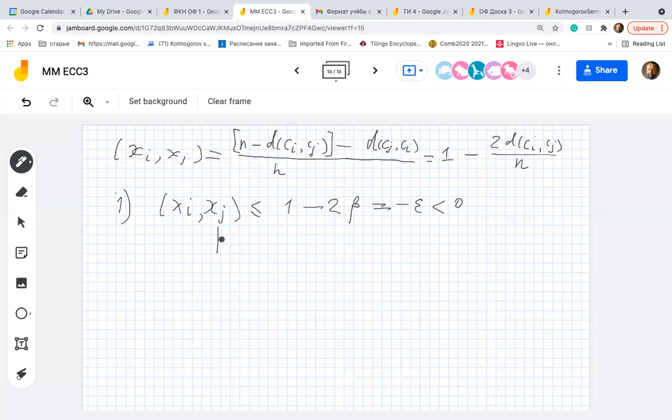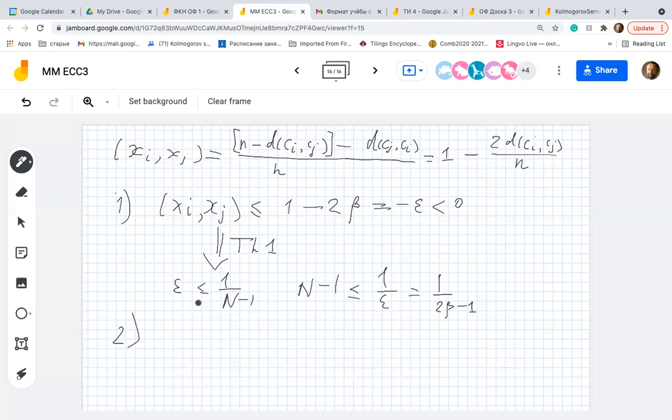By the first geometrical theorem, we know that this epsilon is at most 1 over the number of vectors minus 1. In other words, the number of vectors minus 1 is at most 1 over epsilon, which is 1 over 2 beta minus 1. And this is exactly what the first bound claims, that the number of code words is at most 1 over 2 beta minus 1 plus 1.